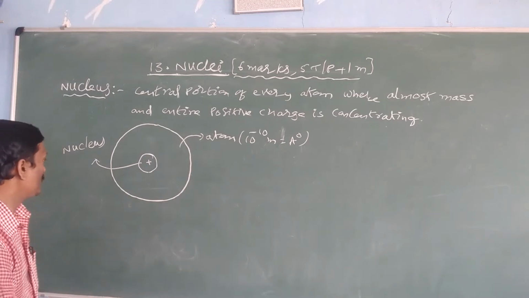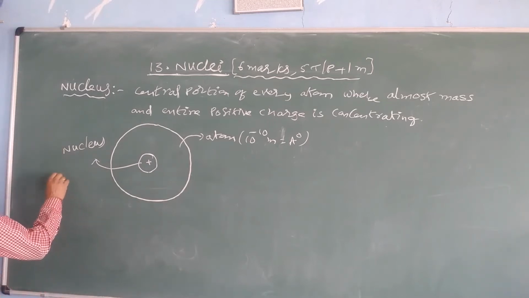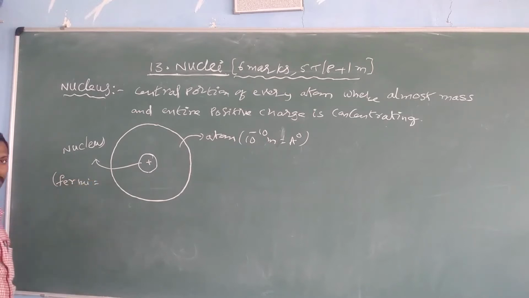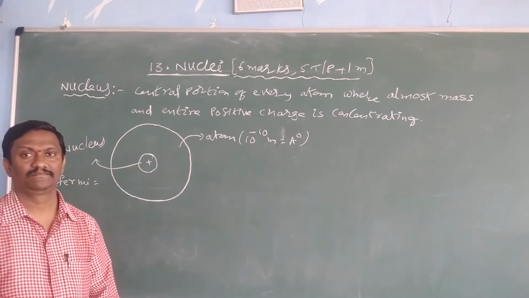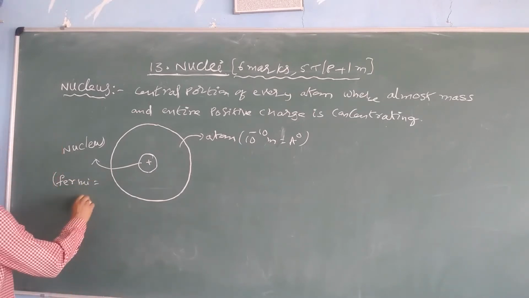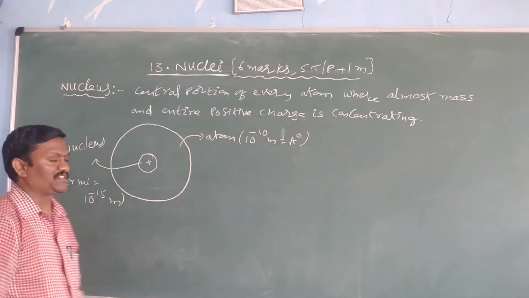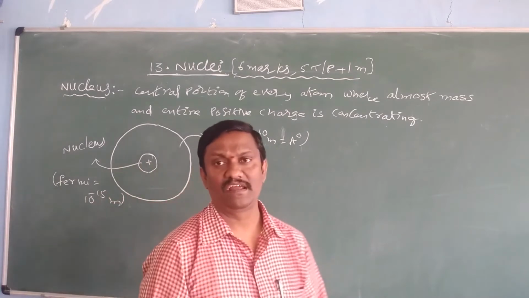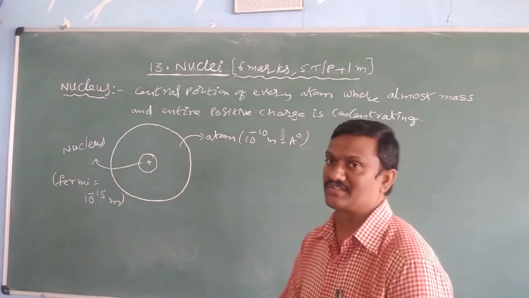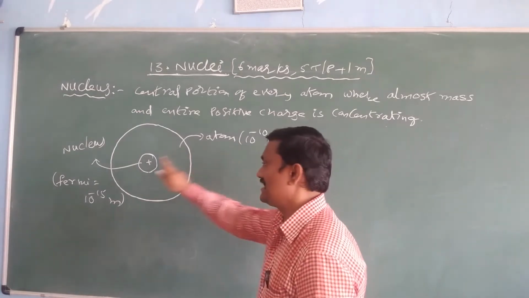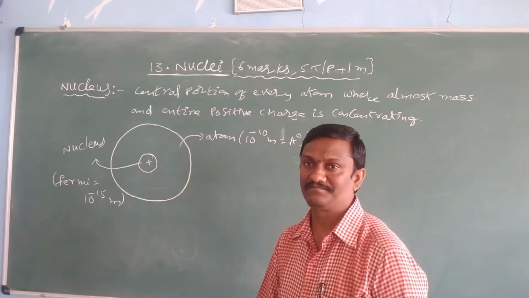Generally, the size of the nucleus is expressed in Fermis. 1 Fermi means 10 power minus 15 meters. So the size of the atom is in angstroms and the size of the nucleus is in Fermis.